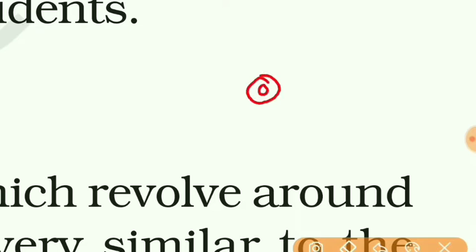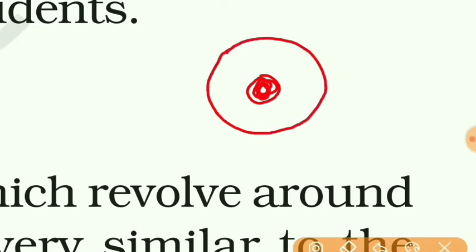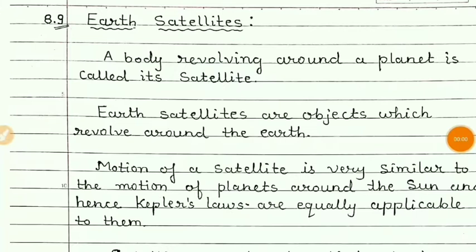Suppose this is any planet and an object revolves around it due to its gravitational force. Then this object is known as a satellite of this planet. You might have studied in 10th standard about the planets of the solar system and their natural satellites.